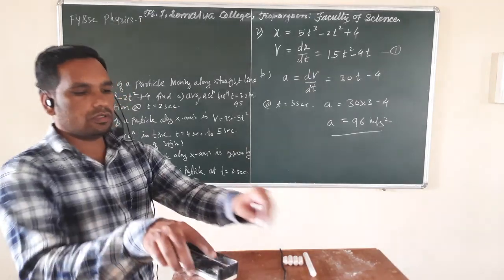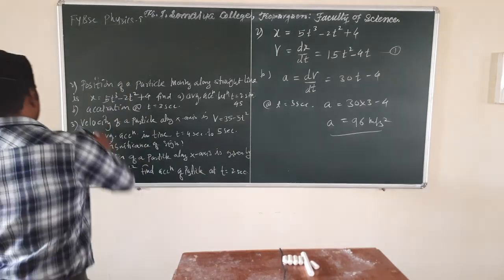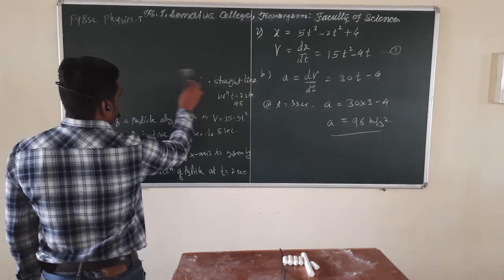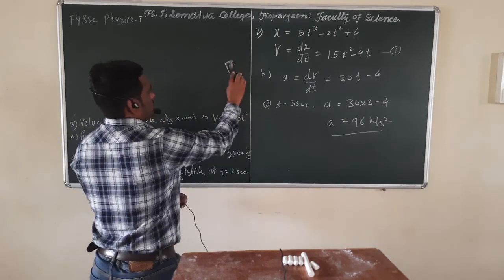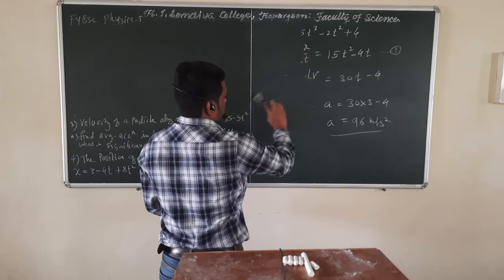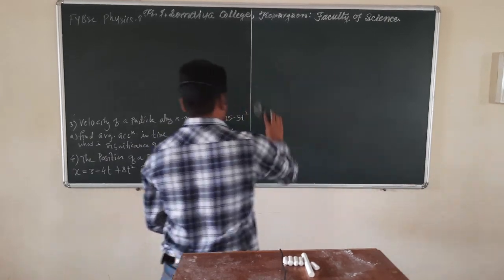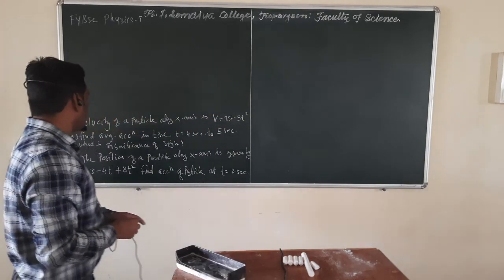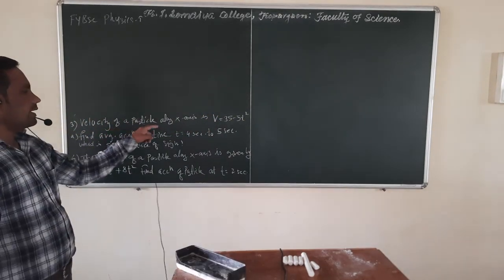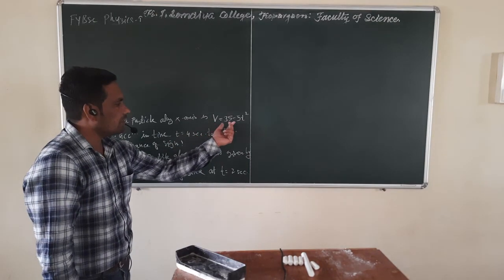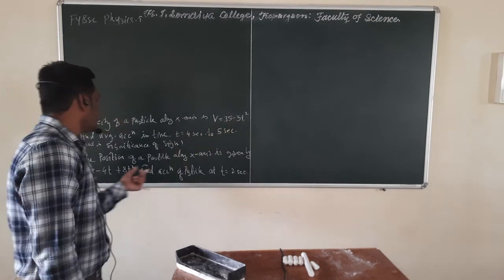Now moving to third problem. Third problem is what? Velocity of a particle along x-axis is given by this equation, 35 minus 5t square.